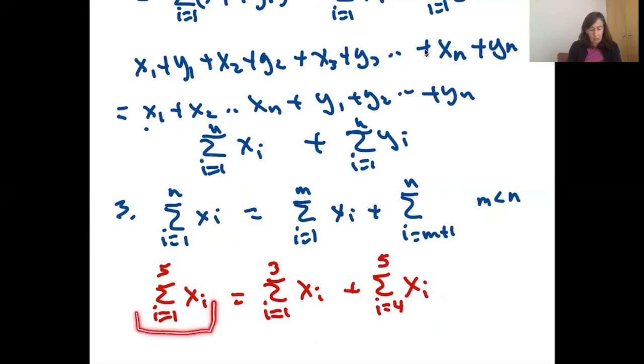So here I'm saying add up all 5 terms. It's the same thing as saying first add up the first 3 and then those last 2 that you didn't have before. Okay.